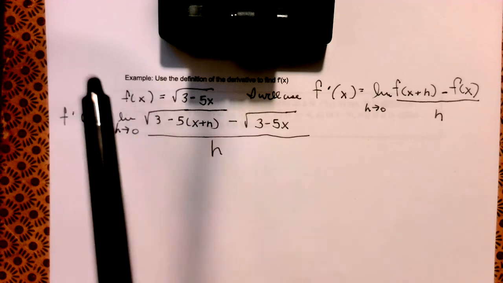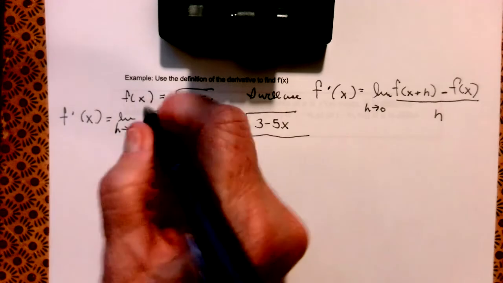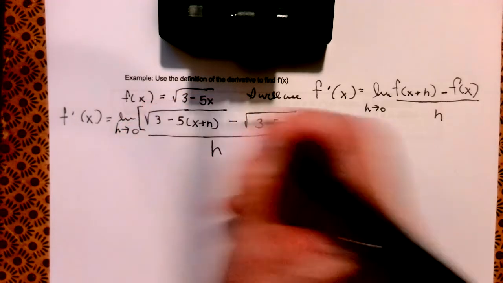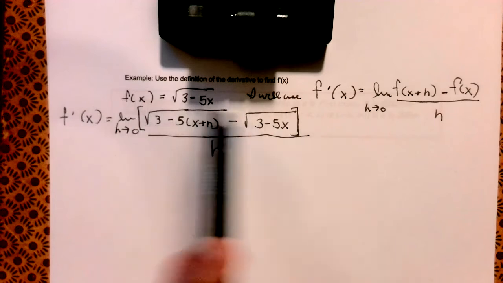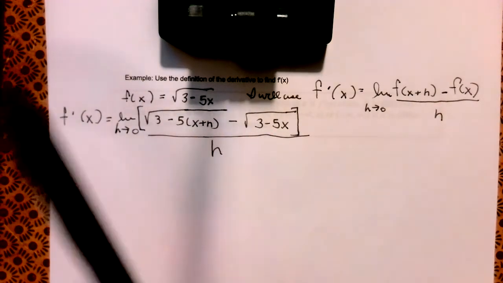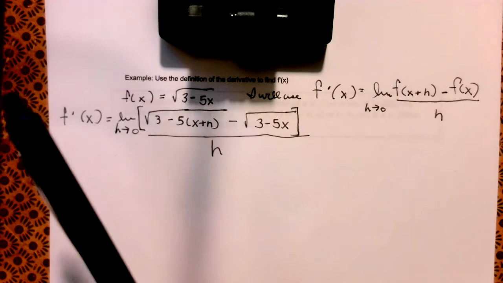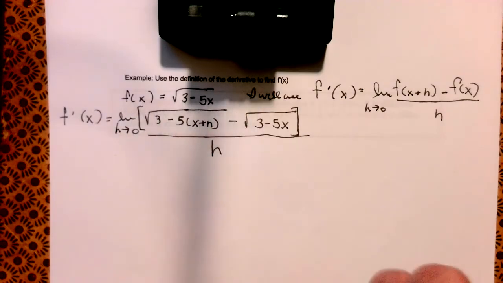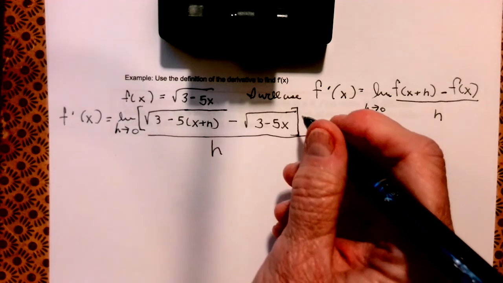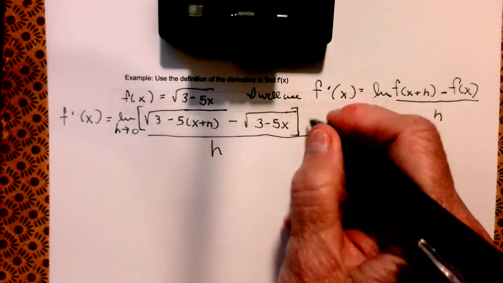So do you remember what we do? Well, when we've got two terms like this in the numerator, we want to multiply by the conjugate. That doesn't matter whether they're square roots or not, but if we've got two terms like this, let's see what we're going to get when we do that.